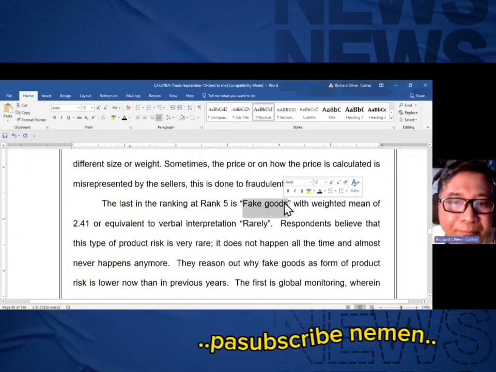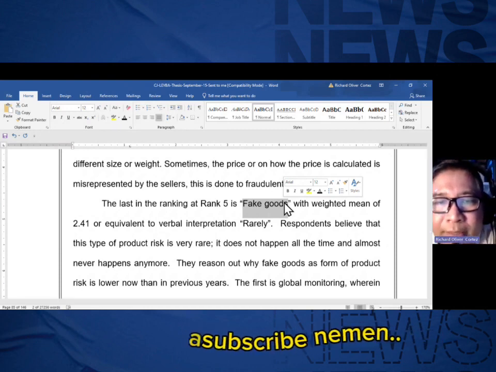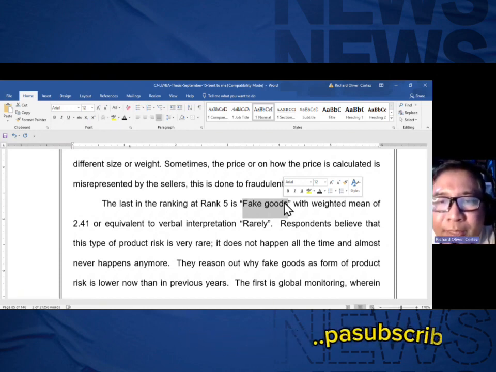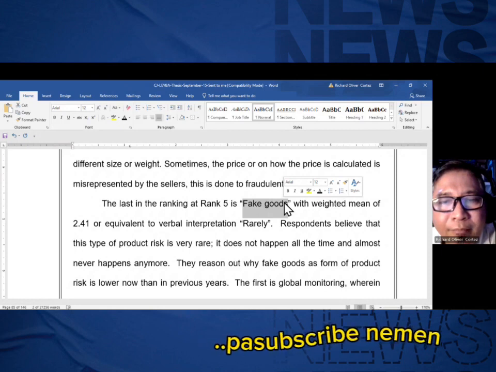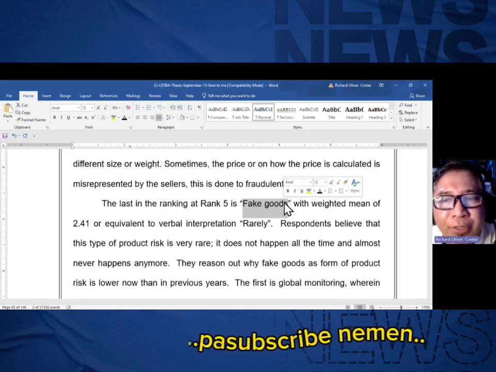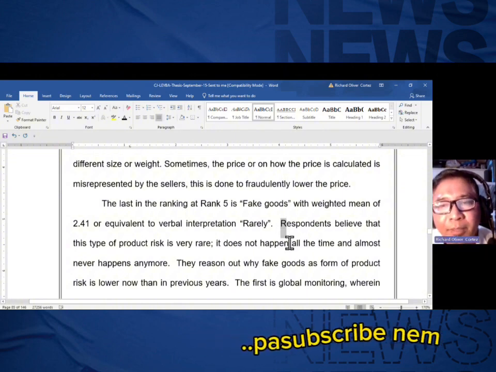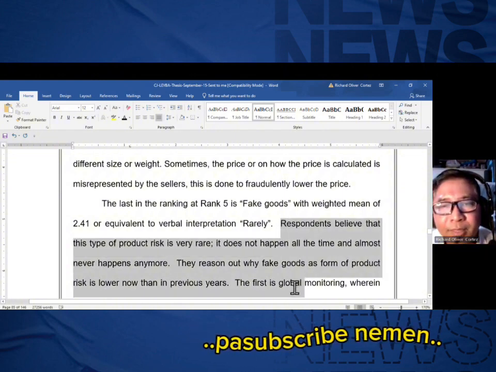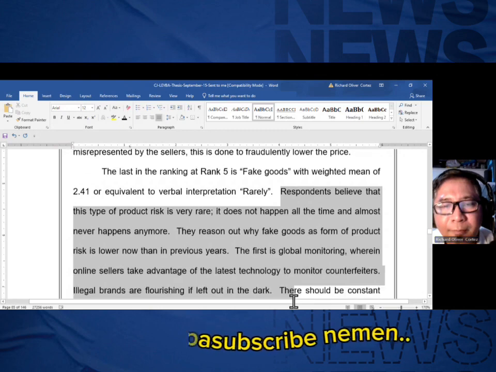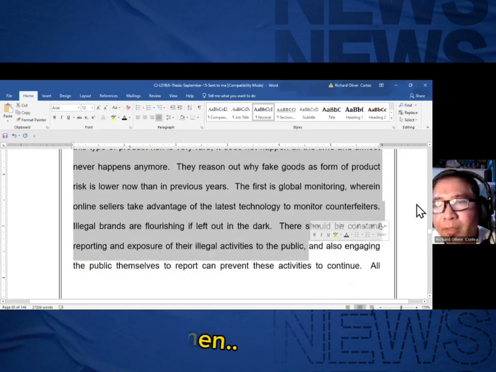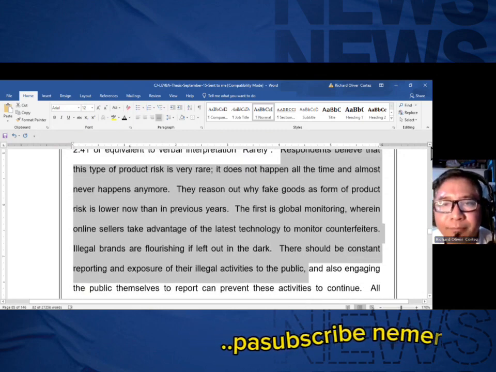It's rank number 5. Tanong reason bakit kaya hindi masyadong risky. Bakit pinakahuli yung risk na fake goods? So yung reason how. Ito yung kanyang interpretation sa last rank. Going to highlight this one. Okay.